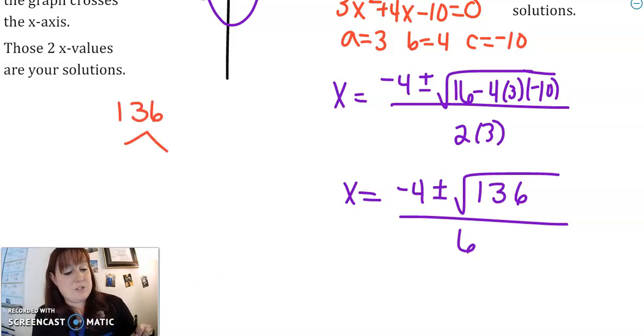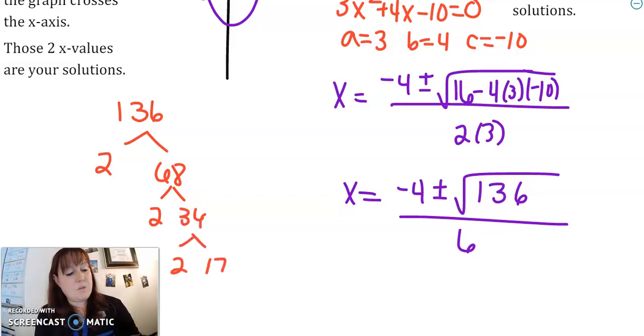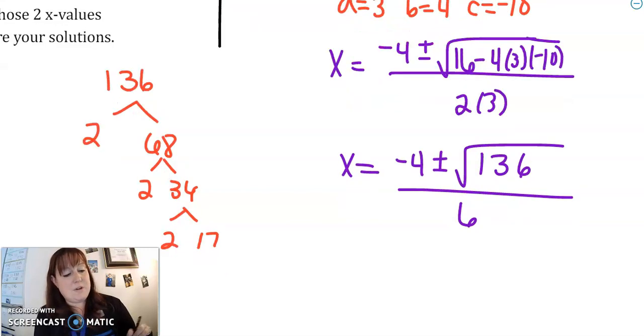Since it's even, I always just pick 2. So 136 divided by 2 is 68. That divided by 2 is 34. That divided by 2 is 17. So 136 is the same as 2 times 2 times 2 times 17.